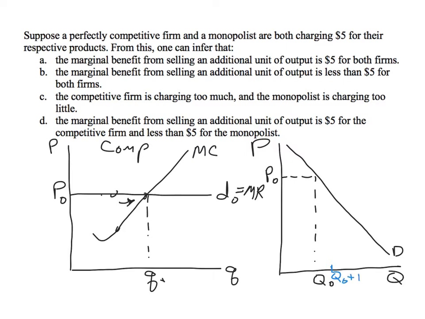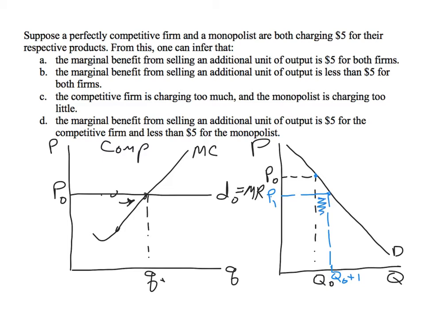I'm going to make these distances really big here. Well, notice that in order to do that, the monopolist has to lower its price because it's selling all that it can sell that consumers want to buy at P naught. So the monopolist is going to have to lower its price by some amount. Well, this brings out the reason that the marginal revenue for a monopolist is below the market price.